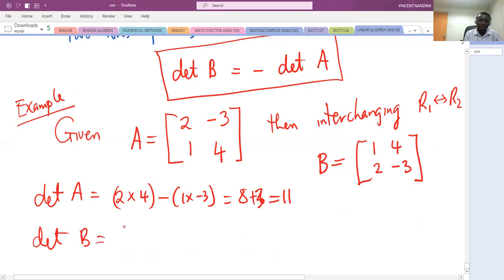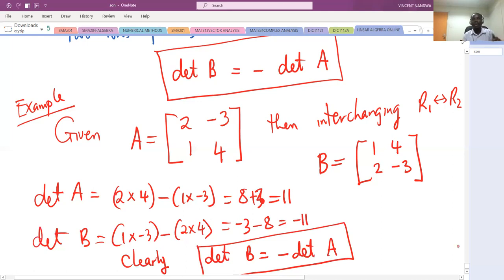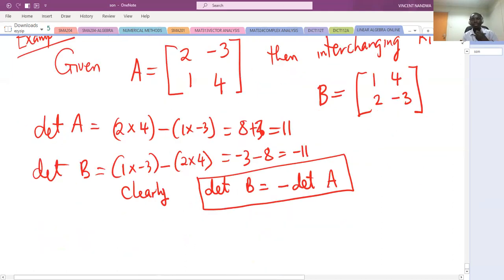For B, it will be 1 times minus 3 minus 2 times 4, which is minus 3 minus 8, which is minus 11. So clearly, with this demonstration, you see that the determinant of B is the same as the negative determinant of A. So that's what we're saying in that given property. Anytime you interchange two rows, the sign of the determinant becomes negative.